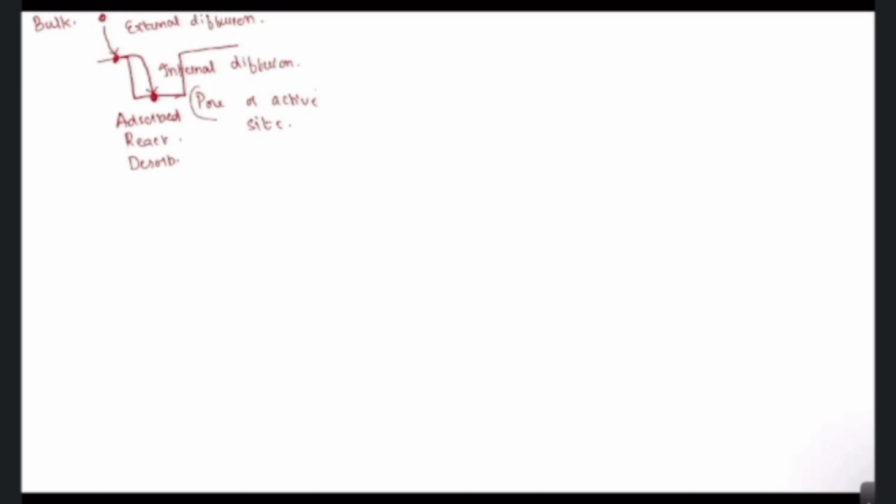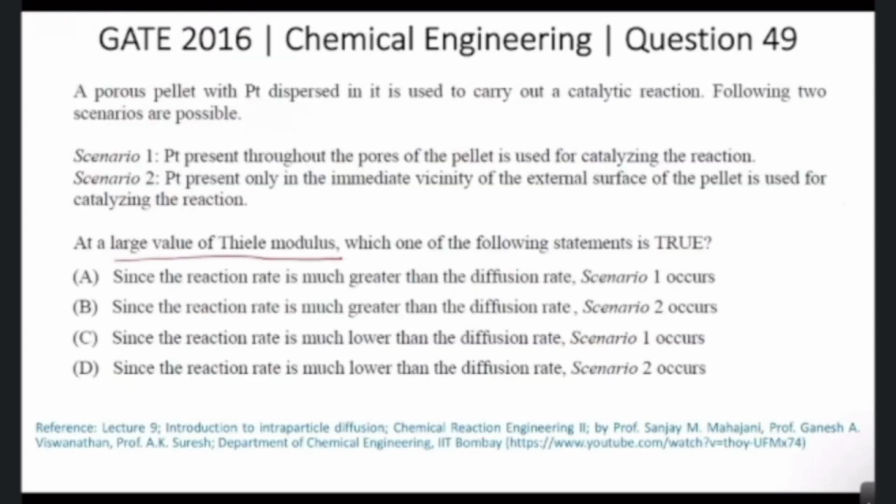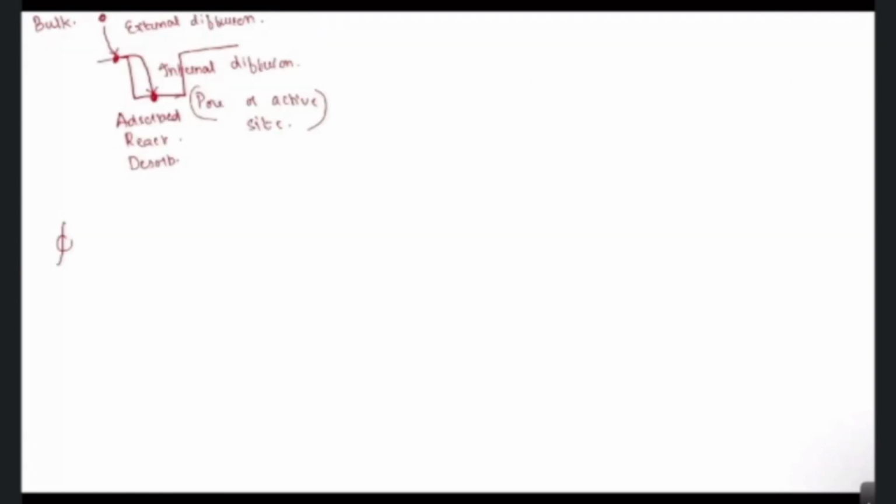So here one data that they have given is that the value of the Thiele modulus is very large. Thiele modulus is defined as the root of the ratio of the surface reaction rate by the internal diffusion rate.